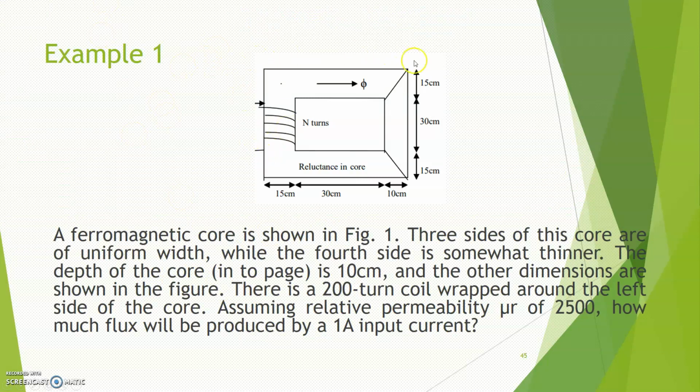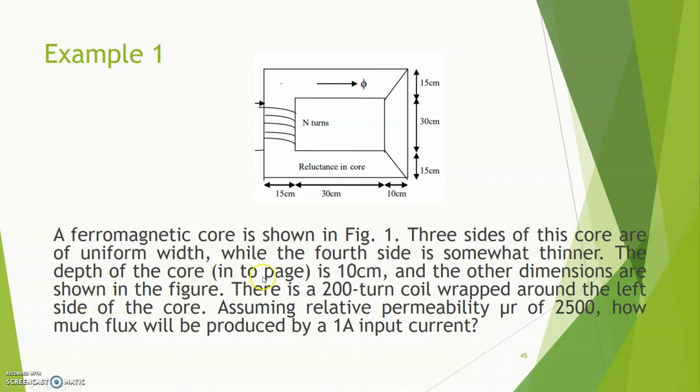Refer to this diagram. You have a ferromagnetic core shown in figure 1. Three sides of this core are of uniform width: the first side, second side, and third side, while the fourth side, which is here, is somewhat thinner compared to 1, 2, and 3.